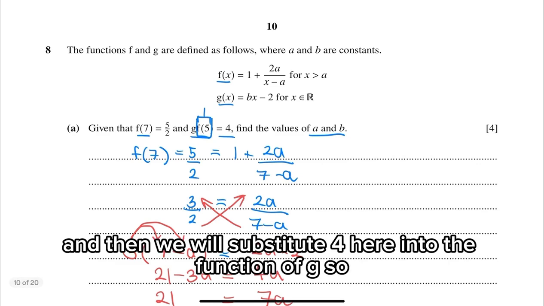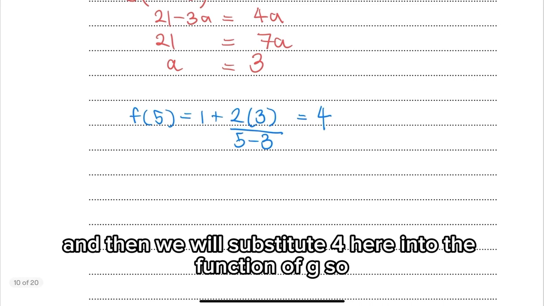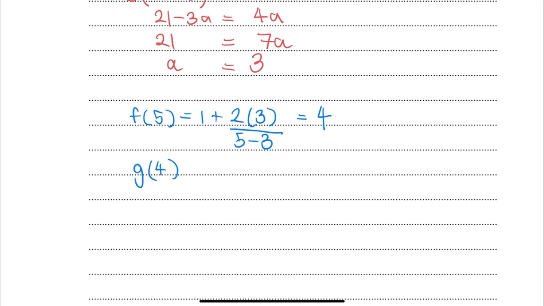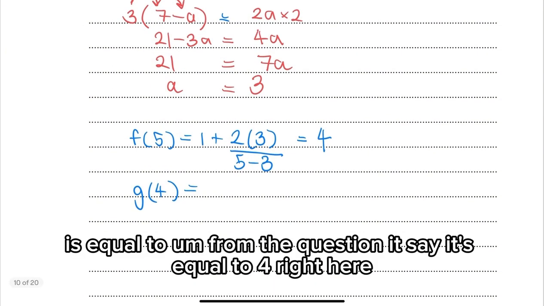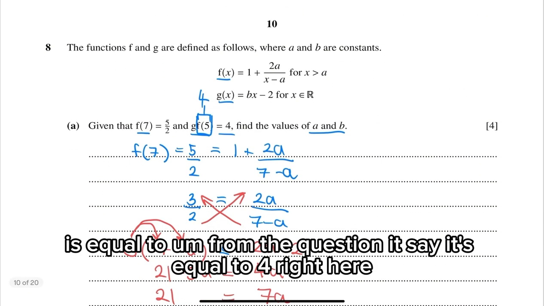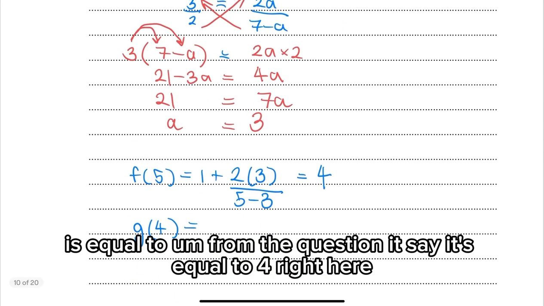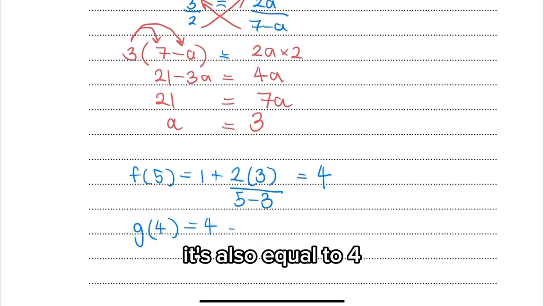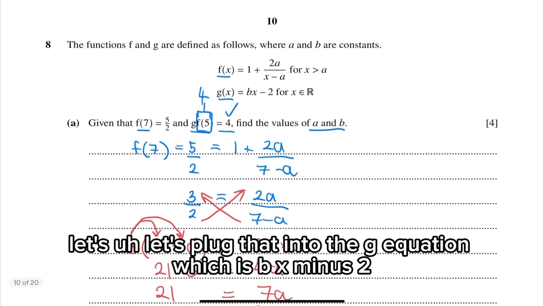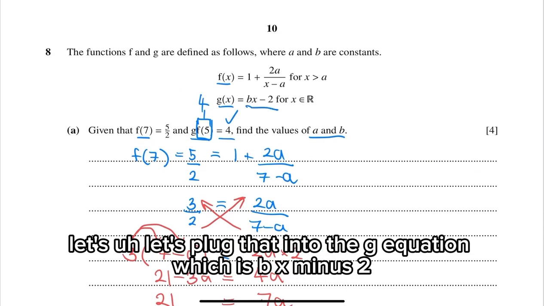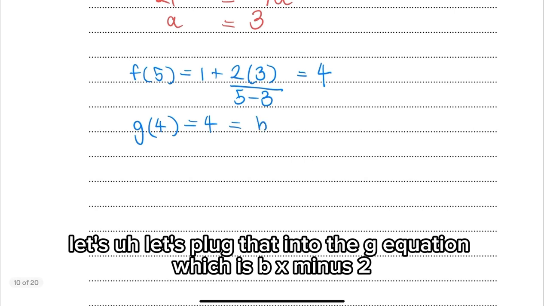And then we will substitute 4 here into the function g. From the question it's equal to 4, right? Here it's also equal to 4. Let's plug that into the g equation, which is bx minus 2.